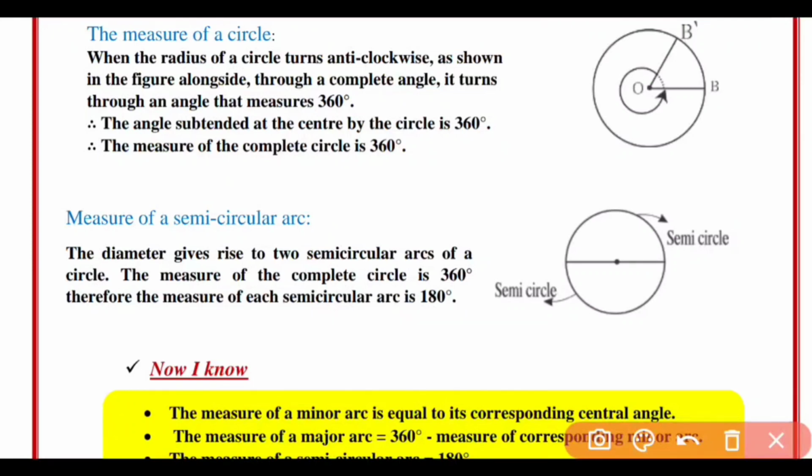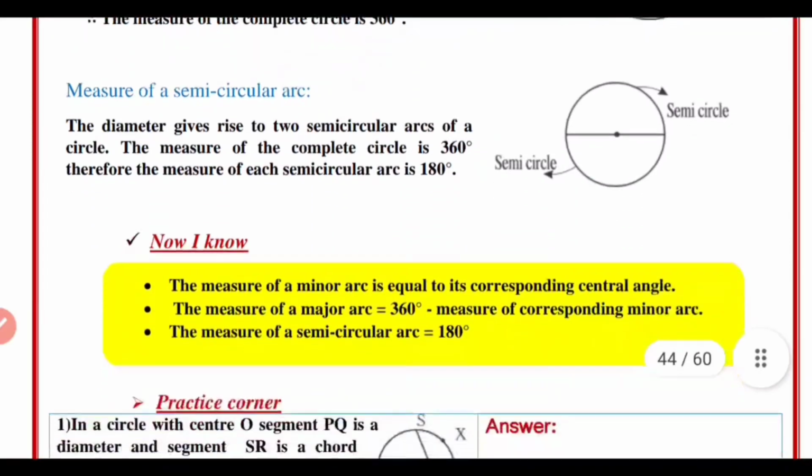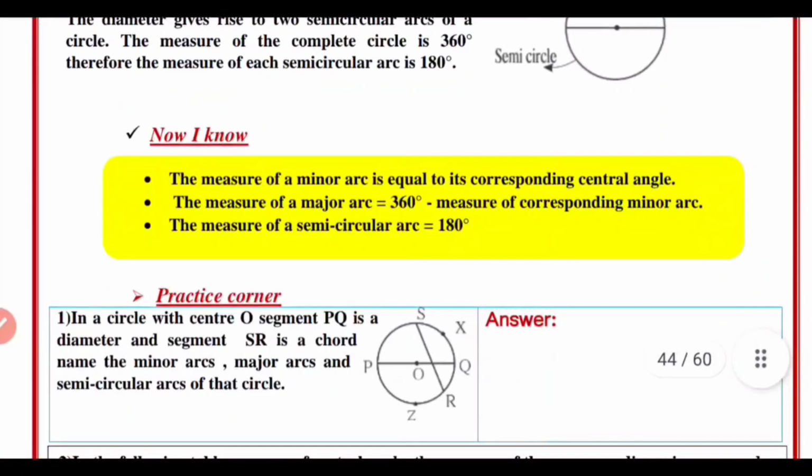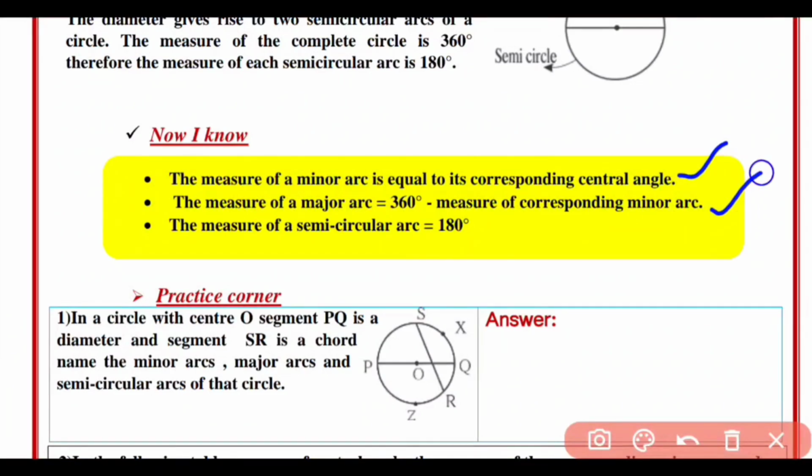So what have we learned from these concepts? The measure of a minor arc is equal to its corresponding central angle. The measure of a major arc is equal to 360 degrees minus the measure of the corresponding minor arc, and the measure of a semicircular arc is equal to 180 degrees.